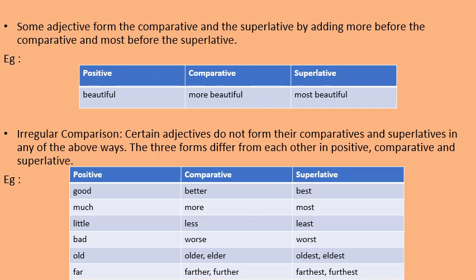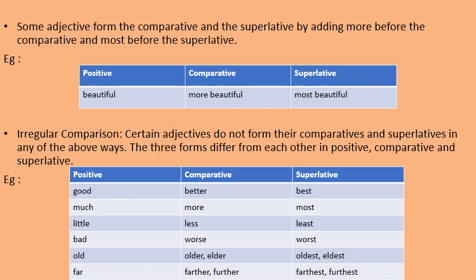Instead, they just add more before the comparative and most before the superlative degree. The example given here is beautiful in the positive form, and when we change this word into comparative, more beautiful, or most beautiful.